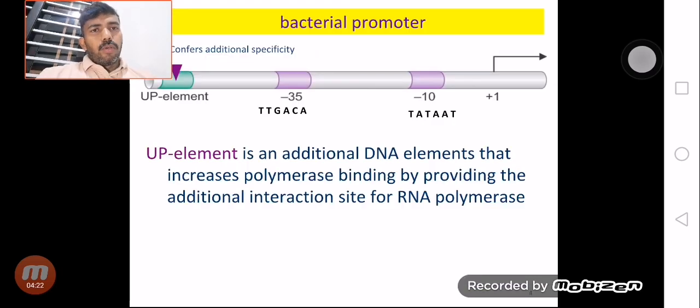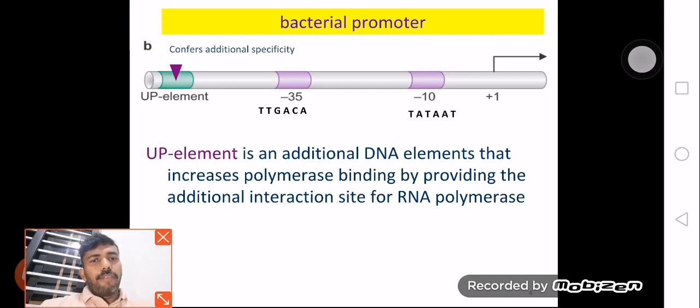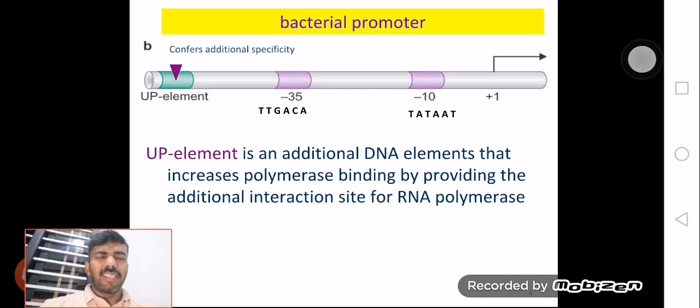And about the promoter, the bacterial promoter also has different sequences at the promoter site. They are designated like at -10 we have one, at -35 we have one, and we have additional sequences like UP elements, and we can list many such sequences, but these are the most important, of which the -10 and -35 are very essential.